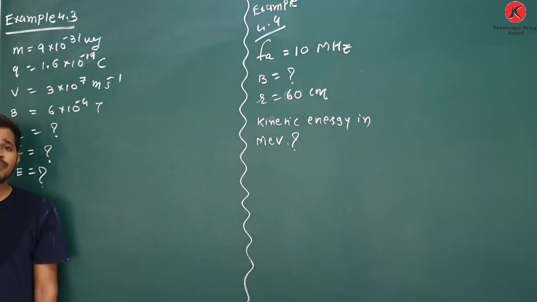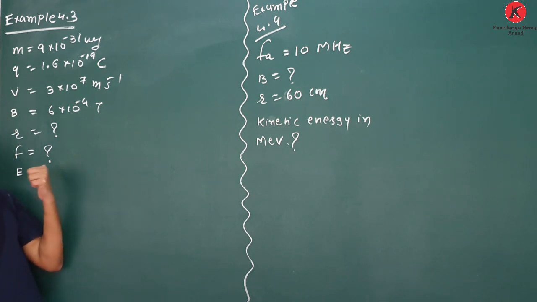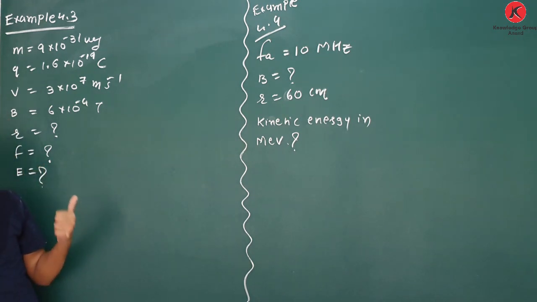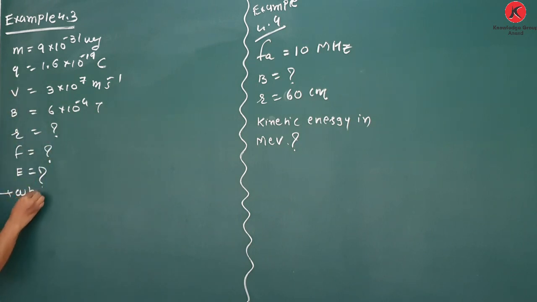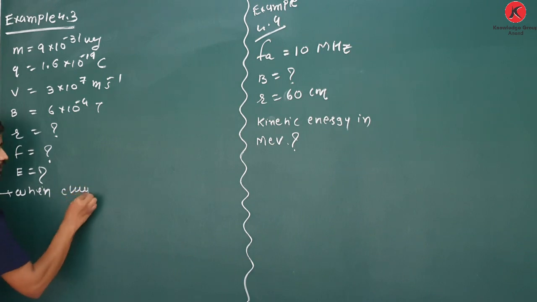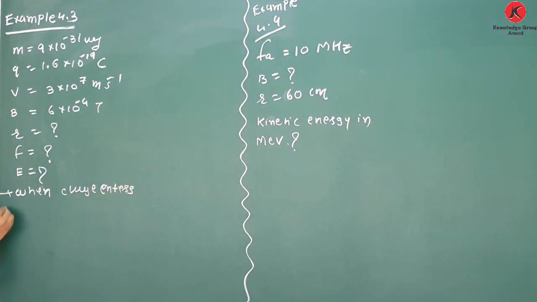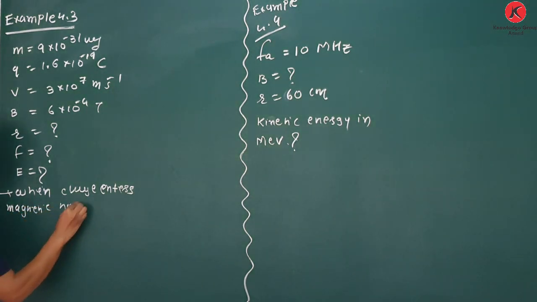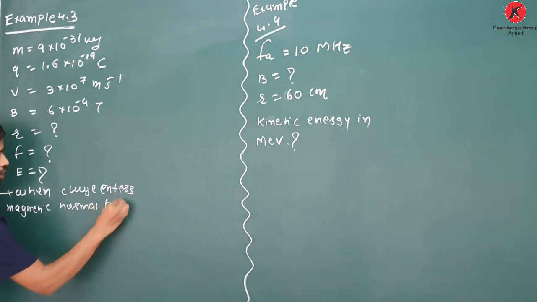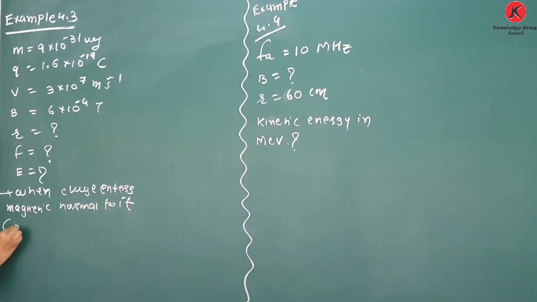You are given one condition, students, that this electron enters the magnetic field normal to it. So we know that when a charge enters a magnetic field normal to it, it performs circular motion.